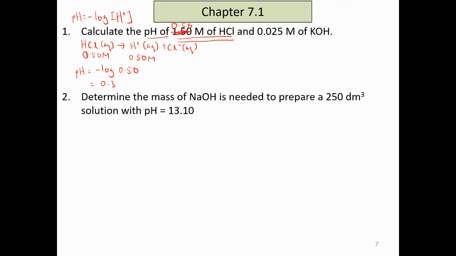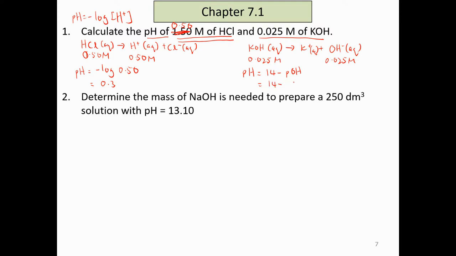Another one is given KOH. We know that it is a strong base. If it's a strong base, we use a single arrow because it completely dissociates. So 0.025, by stoichiometry, we will also get 0.025 for OH minus. In order to get pH, pH equals 14 minus pOH.